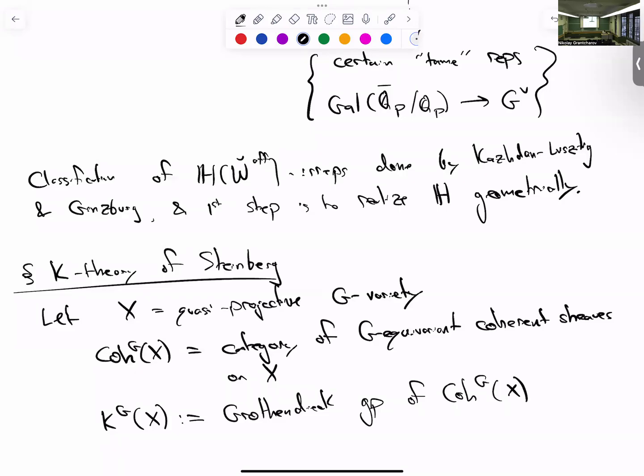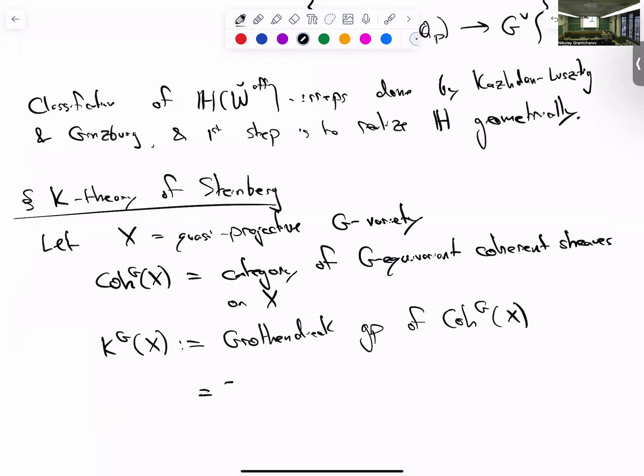So I'll suppress writing K of Coh G X and just write K G of X. And just a very quick reminder, this is just the group algebra of the isomorphism classes of the simple objects, modulo the relation that all short exact sequences split.